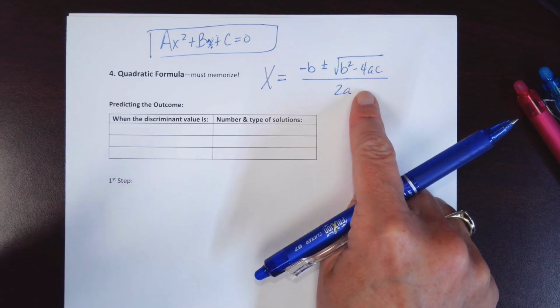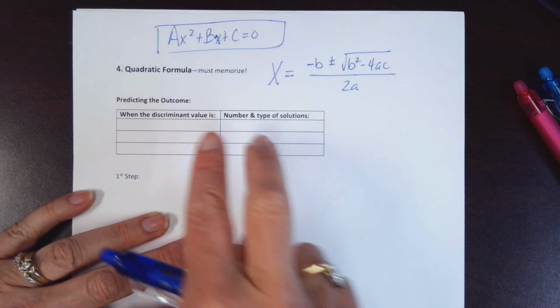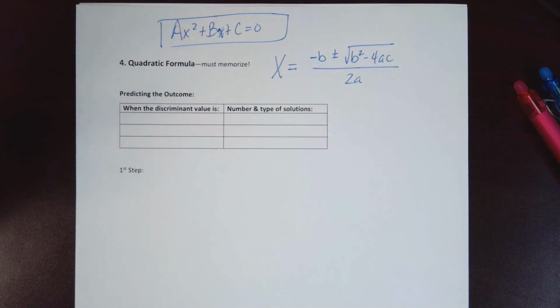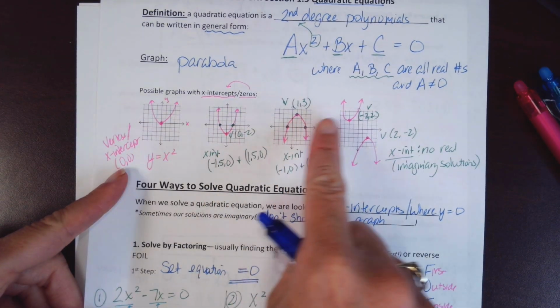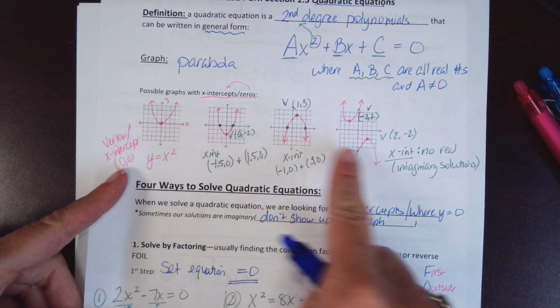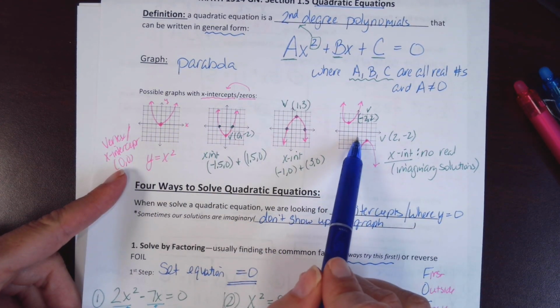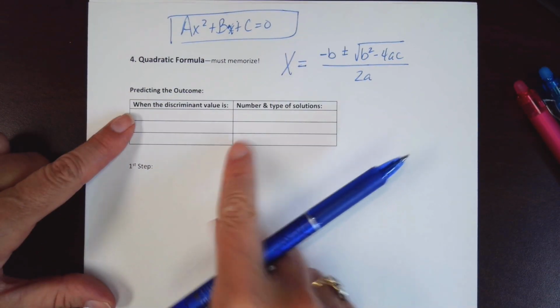Now, the quadratic formula is super useful for us. Not only can we work all the way out and solve a quadratic equation using the quadratic formula, but we can predict if we're going to have 1 or 2 solutions, and if the solutions are going to be real or imaginary. We can predict generally what our graph is going to look like, how many x-intercepts, zeros, or solutions we're going to have. All those terms mean the same thing, based on the discriminant.